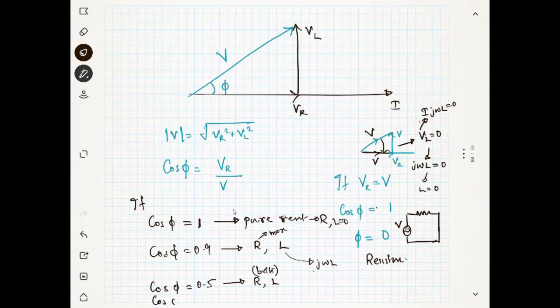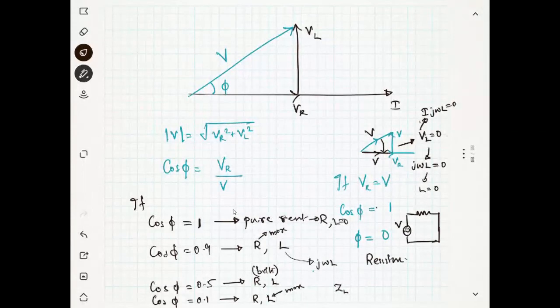Now if cosine phi is 0.1, that means R and L will be there, but L is more. L more means ZL is more, and ZL means j omega L. Okay, that's it. So that is the idea.